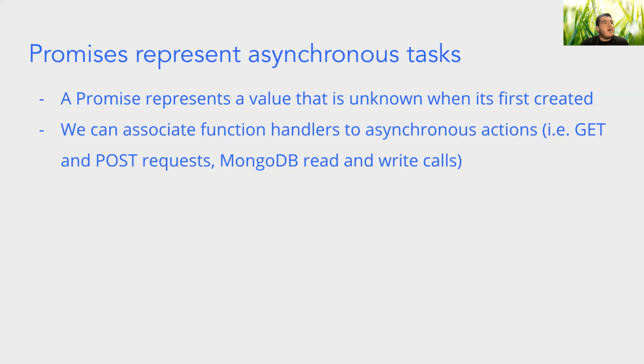Anytime we can associate a function to a promise for any asynchronous action, like a get or a post request, or a Mongo database read or write call, that's like accessing data from our database or writing data to our database. All of these actions are asynchronous, and promises allow us to attach a function to that asynchronous function that basically says, hey, once this action is done, run this function. And that's basically what we're doing here with promises.